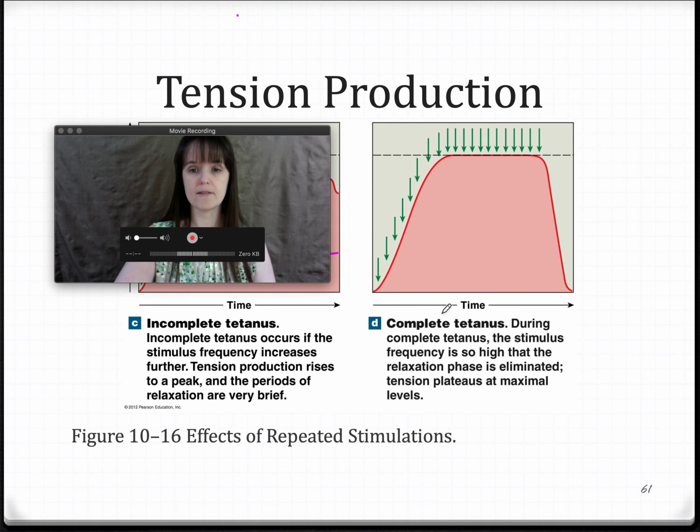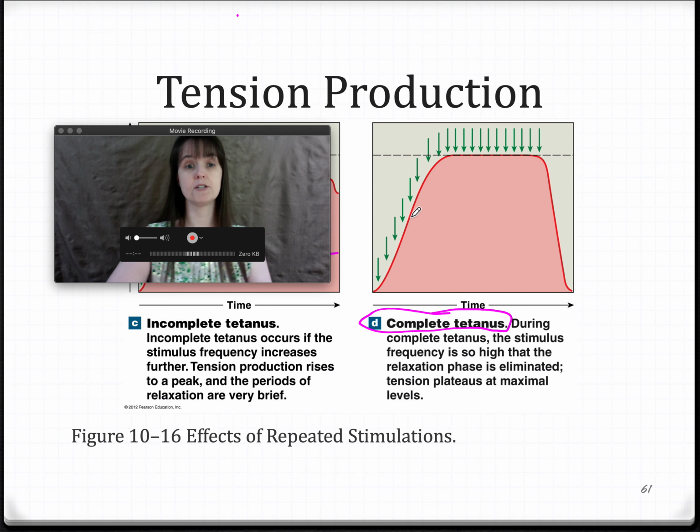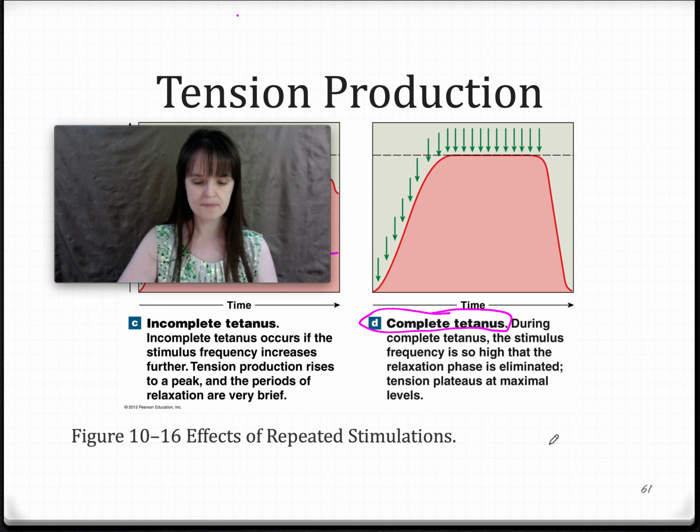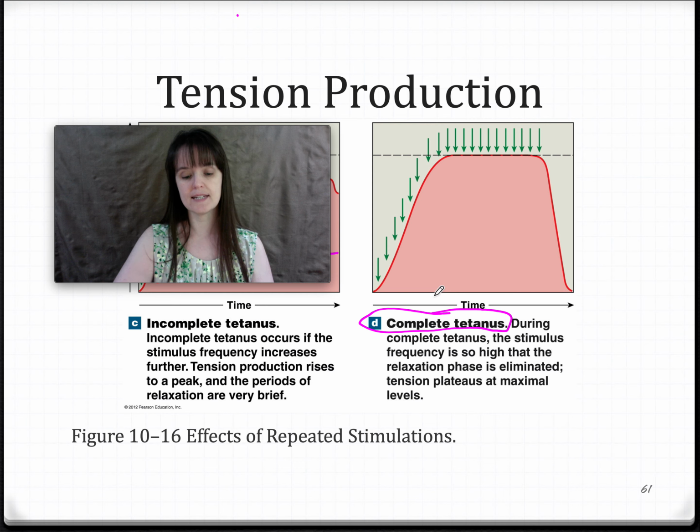And then we have complete tetanus, and this tetanus is a different definition of tetanus than the disease tetanus, so please look that up and know the difference. In complete tetanus, a skeletal muscle is continually stimulated, so where's our relaxation phase? There is none.